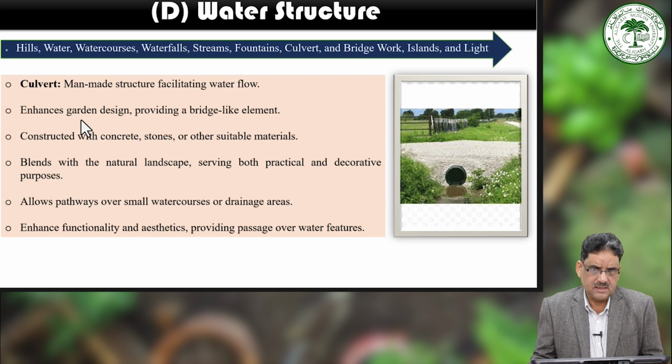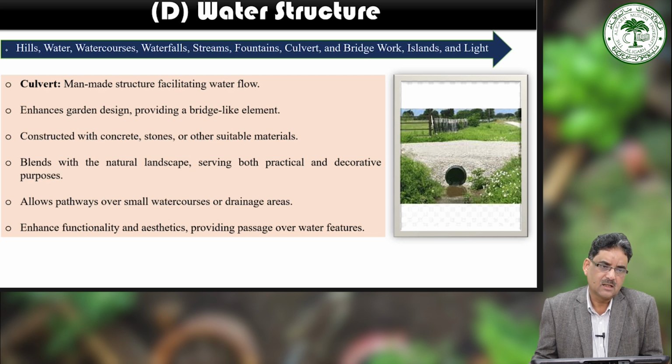It seamlessly blends with the natural landscape and serves practical and decorative purposes. This structure allows pathways over small watercourses or drainage areas, enhancing both functionality and aesthetics while providing a passage over water features in the garden.